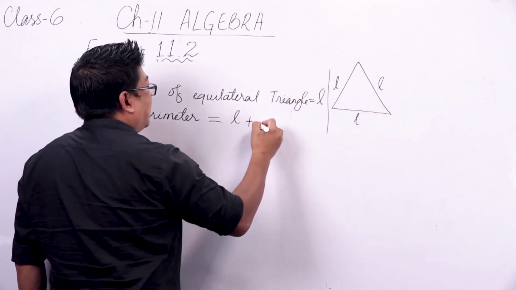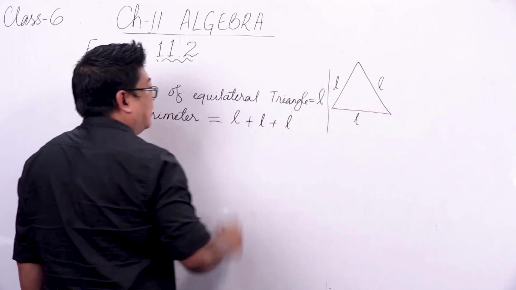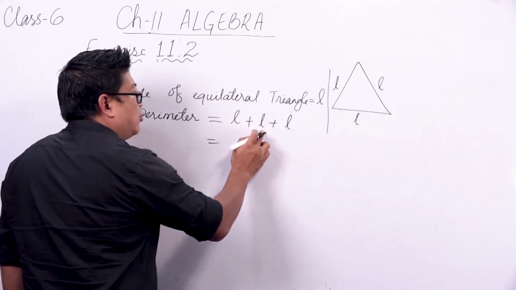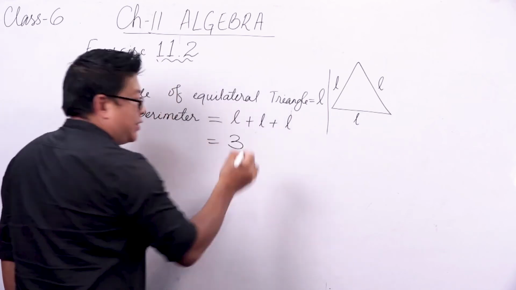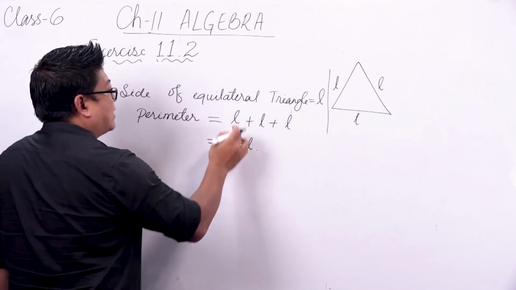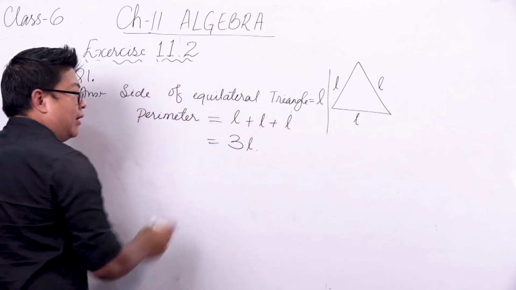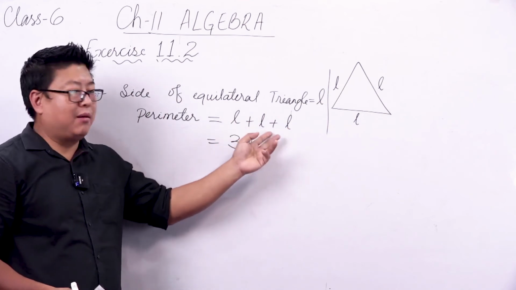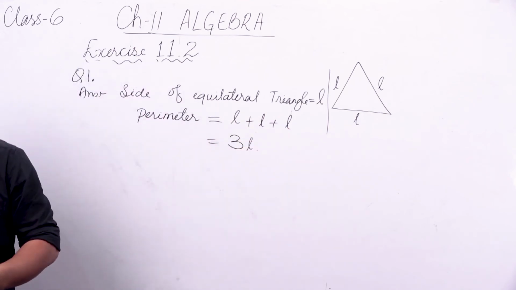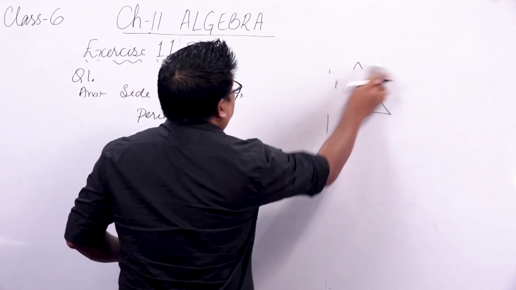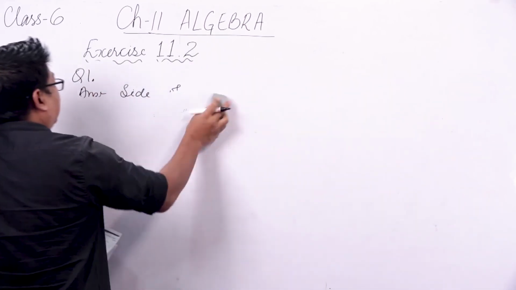So, L plus L plus L. So, how many L's do we have here? We have 1, 2, 3. So, we will write 3 and then take 1 L. The same as L plus L plus L, 3L. Okay? 3 times L is same as L plus L plus L. All right, children? So this is how you express the perimeter using L.